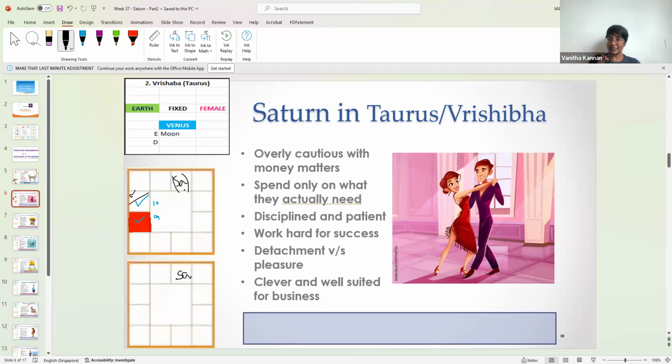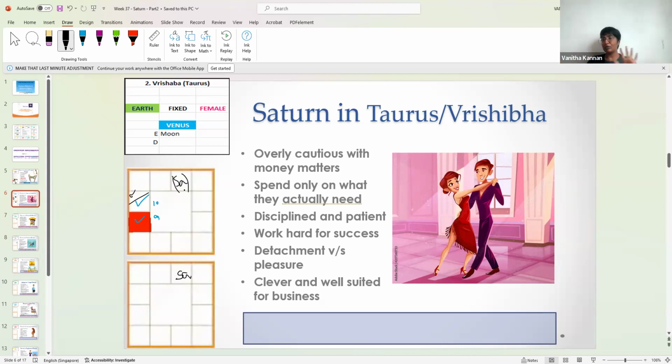They may not be disciplined. The worst case comes when the Saturn in your birth chart is retrograde. But when the dasha or buddhi, your Shani dasha or Shani buddhi, is coming, this tendency will overcome and come into the light very easily.